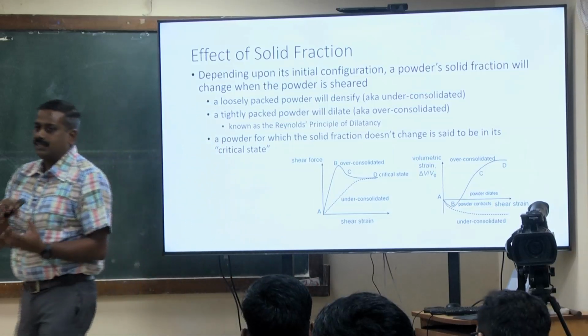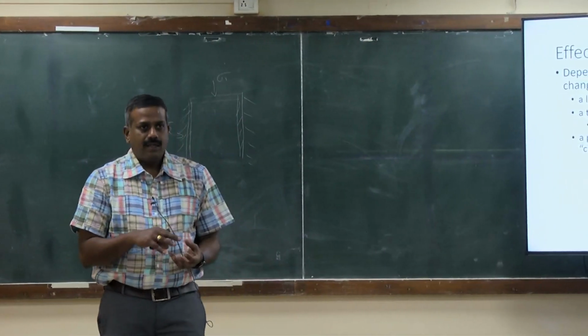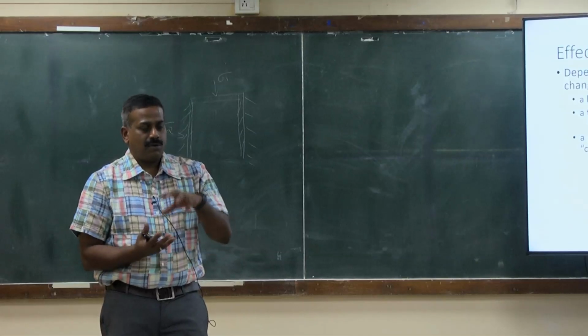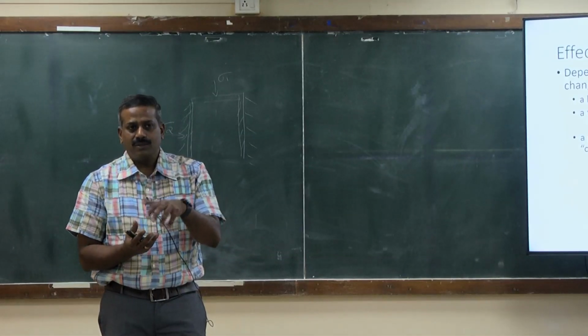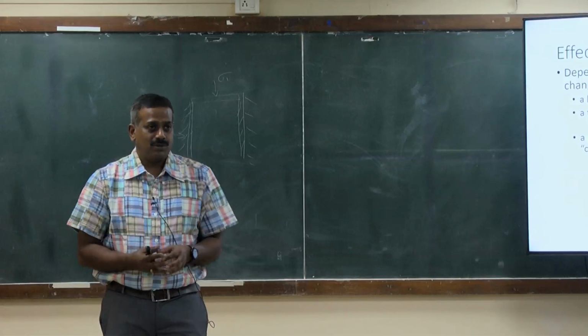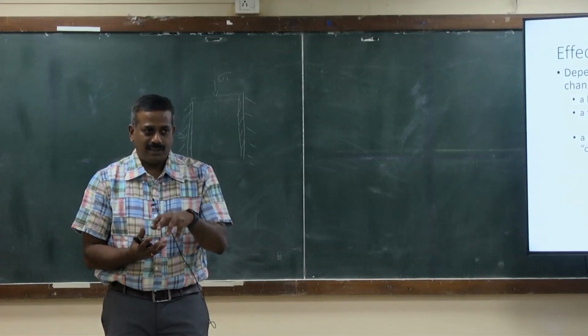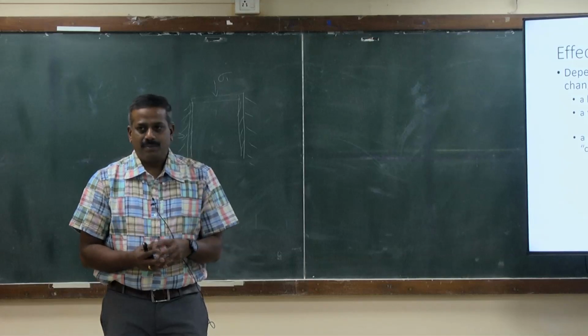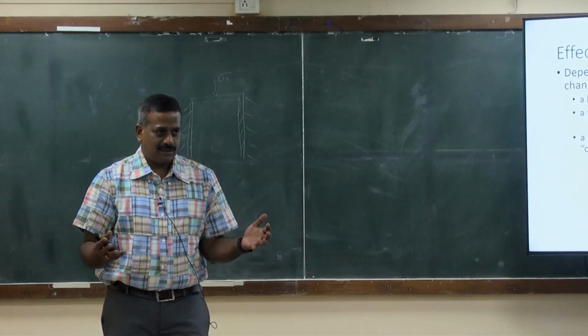That is the state at which you measure the normal and shear stresses. For example, if the powder is consolidated, it takes some time to reach that critical state, so that you are actually measuring the flow behavior rather than consolidation or over-consolidation.